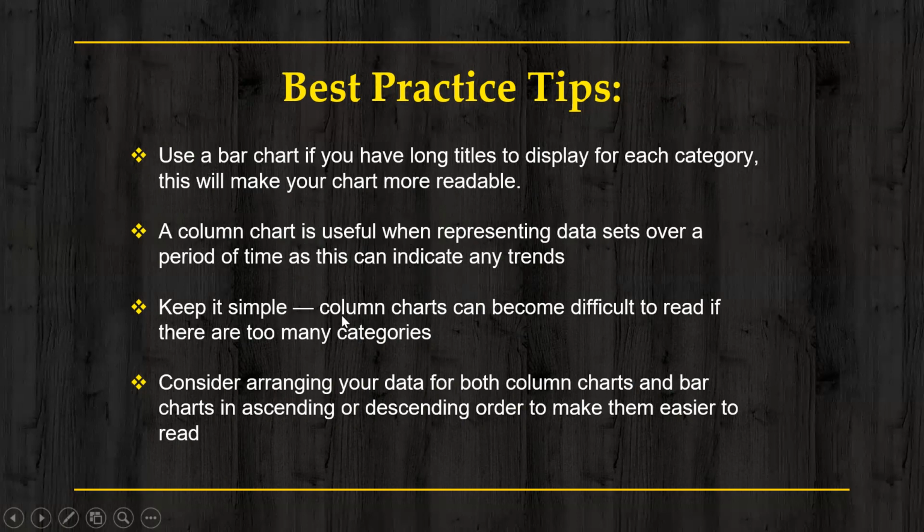And keep it simple. Column charts can become difficult to read if there are too many categories. All right, so when you have lots of categories, you can't read that chart easily. Okay, so consider arranging your data for both column chart and bar chart in ascending or descending order to make them easier to read, guys.